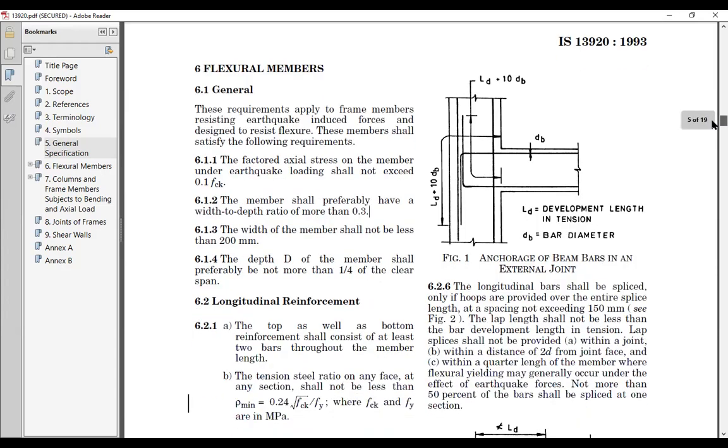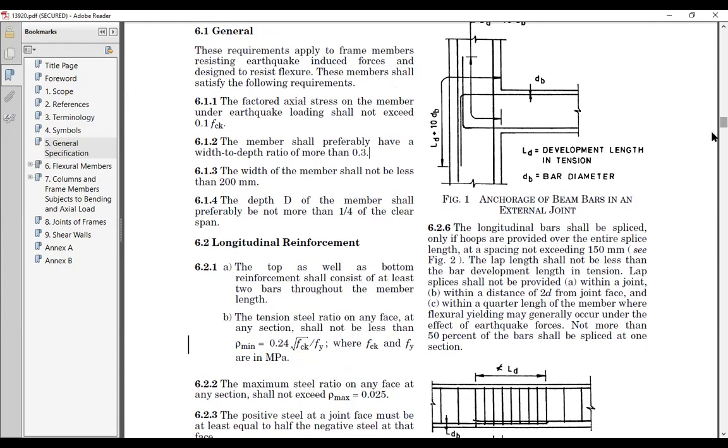And then we have longitudinal reinforcement. Let us see what the clauses are. The first one is the top as well as the bottom reinforcement shall consist of at least 2 bars throughout the member length, and the tension steel ratio at any face at any section shall not be less than 0.24 root FCK upon Fy, where FCK and Fy are in MPa or Newton per mm square.